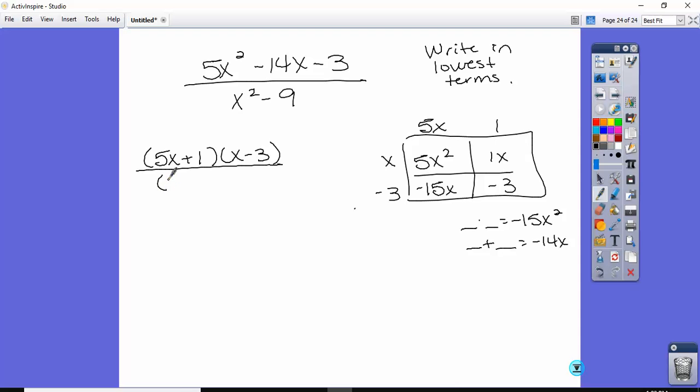So that would go to x plus 3 and x minus 3. You guys know where I got the 3 from? The square root of 9. So our goal is if they have anything in common, we have to cancel it. What can I cancel out? So my answer is 5x plus 1 over x plus 3.